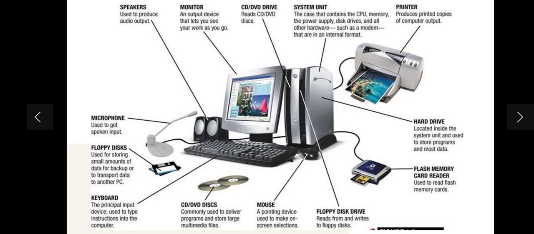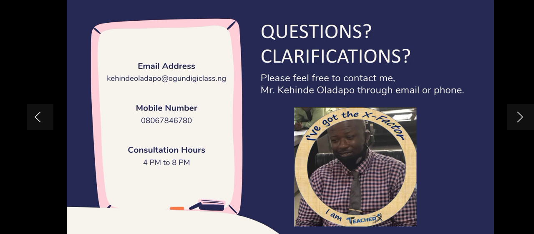So we've looked at some of the hardware components of a computer system: the speaker, the monitor, the CD-ROM drive, the system unit, the printer, the microphone, the hard disk, the flash memory, the floppy disk, the mouse, the CD or DVD disc, and the keyboard.